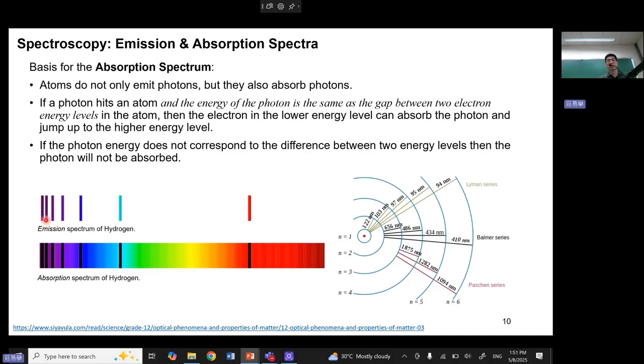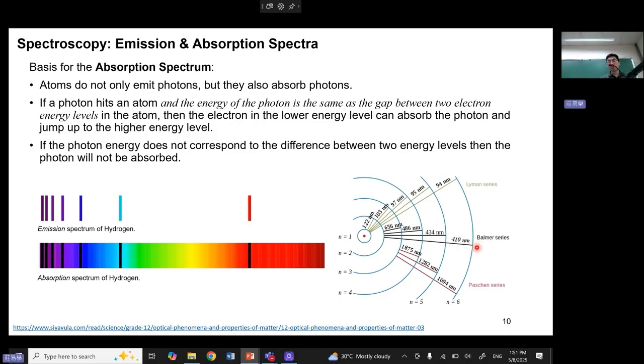It looked like this, and this corresponds to n equal to 4 to n equal to 2, or other lines representing the Balmer series.